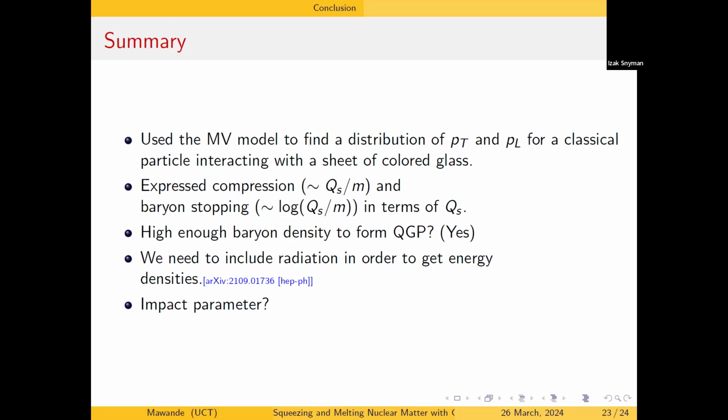One thing I did change was the saturation scale. The saturation scale is rapidity dependent. Naively, when we did this before, we just took the saturation scale on the nucleus itself.